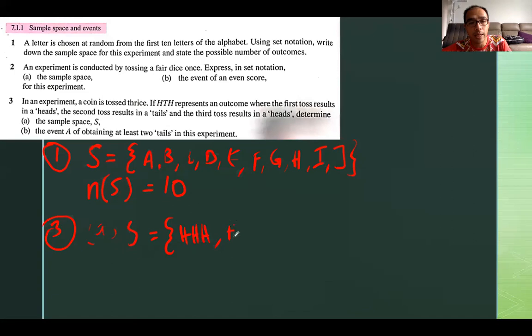Can be HHT, HTH, or THH. In this case the arrangement matters, because getting head, head, tail is very different from getting head, tail, head. So when you play around with this, HHH, HHT, HTH, THH, what else?